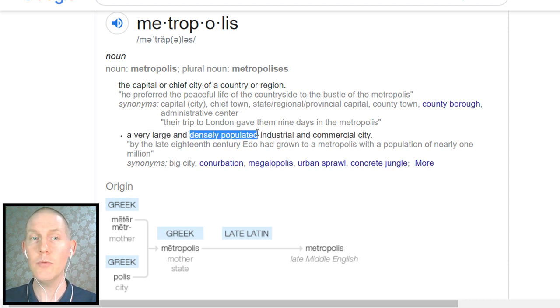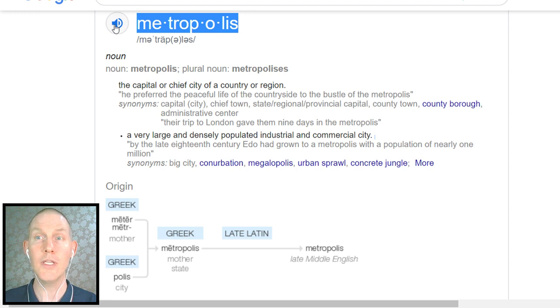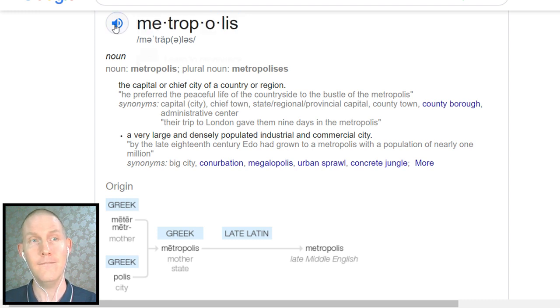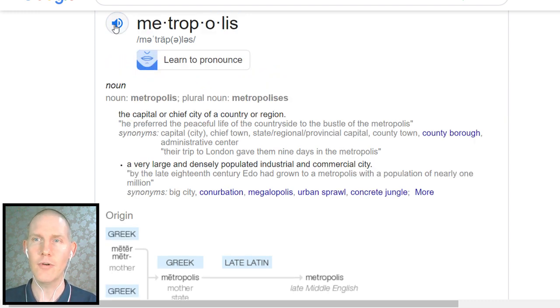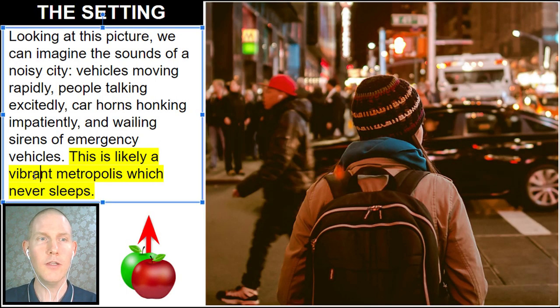Densely populated means there are a lot of people, right? New York City is a huge city, lots of people. And it's an industrial and commercial city, all right? So this is a metropolis. Let's hear the pronunciation. Metropolis. Metropolis. Metropolis.